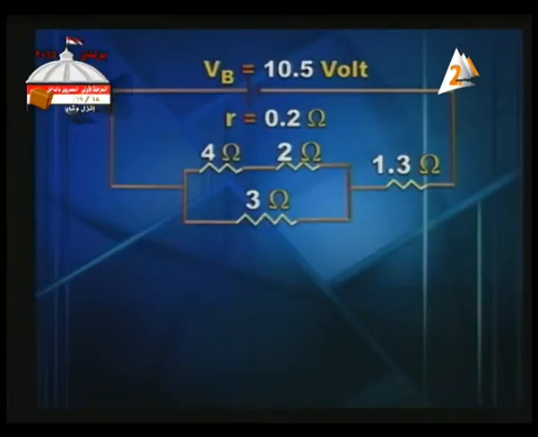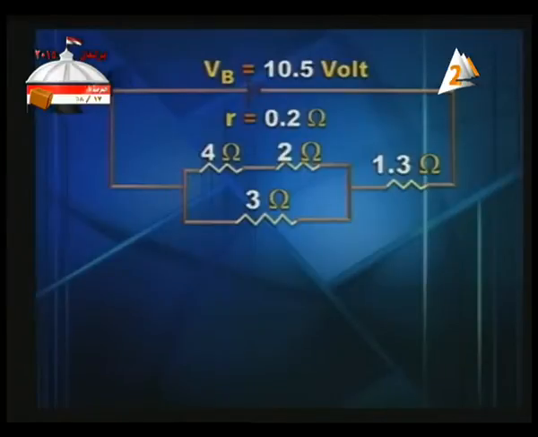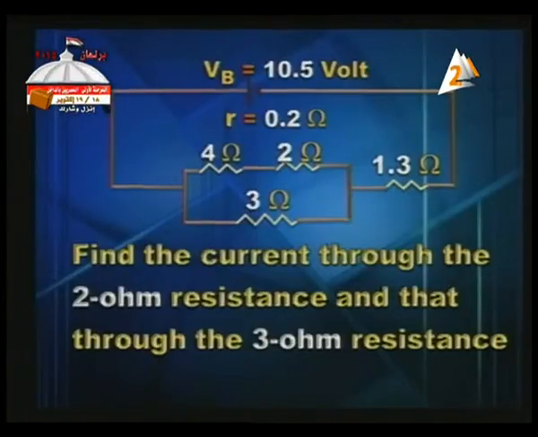One branch of the parallel group consists of 2 resistors connected in series, 4 ohm and 2 ohm, and they will give, of course, a resistance of 6, which is connected in parallel to 3, and the parallel combination is connected in series to 1.3 ohm, and of course we've got an internal resistance 0.2. We want you to find the current through the 2 ohm resistance, and that through the 3 ohm resistance.